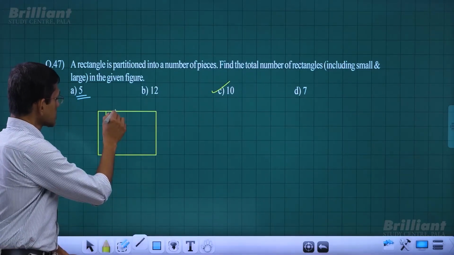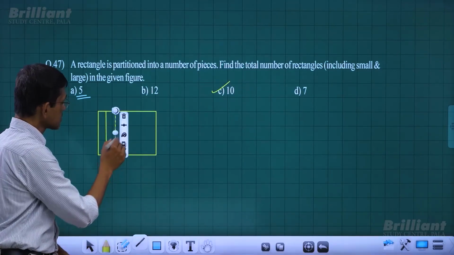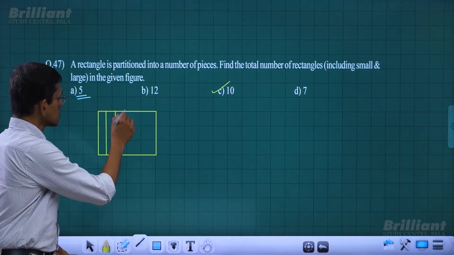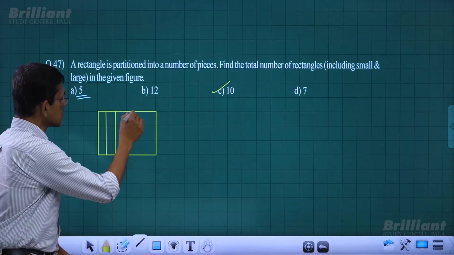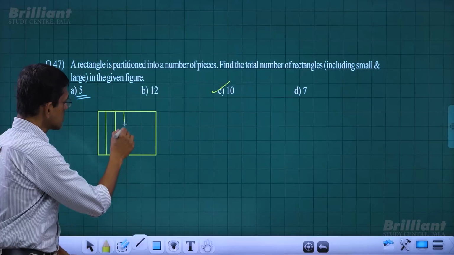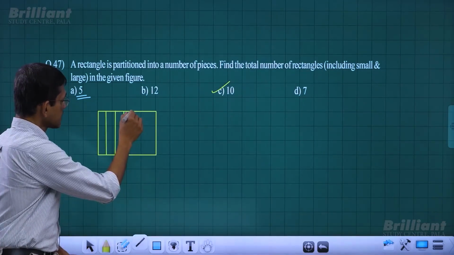Look, I'm just trying to partition this rectangle into smaller pieces. Look at the number of pieces we have.